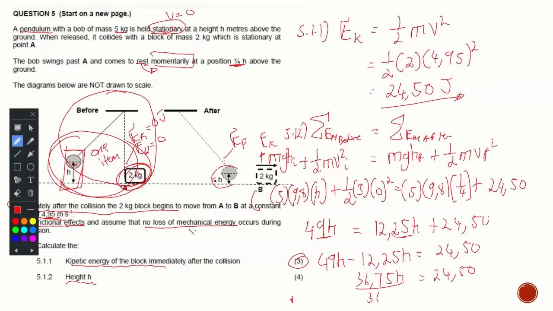Dividing both sides by 36.75, we are going to have 24.50 divided by 36.75. So this will give us a height of 0.67 meters. And then there we go, that's our height. So that's how we applied the principle of mechanical energy in order to solve this question.